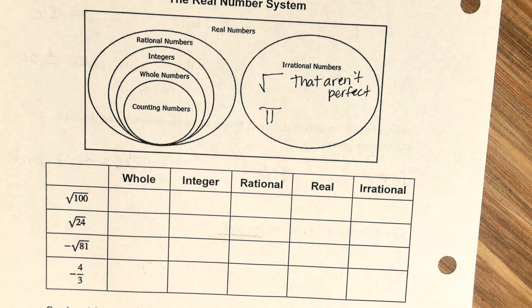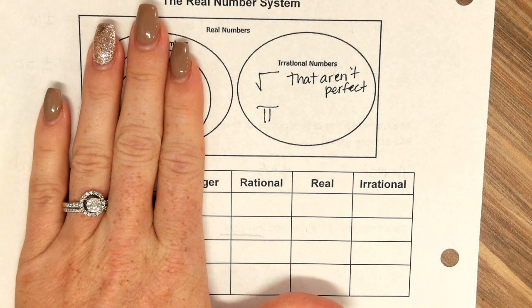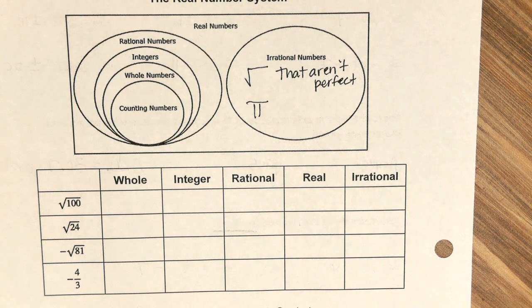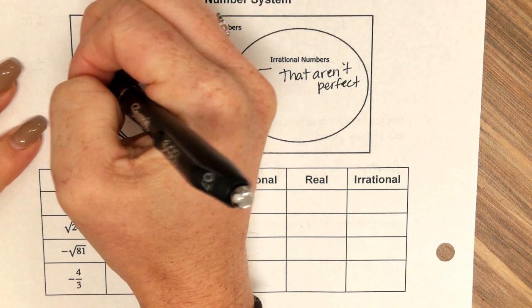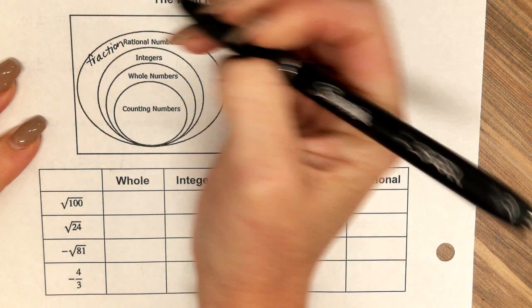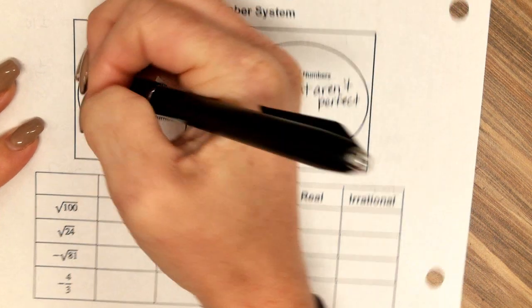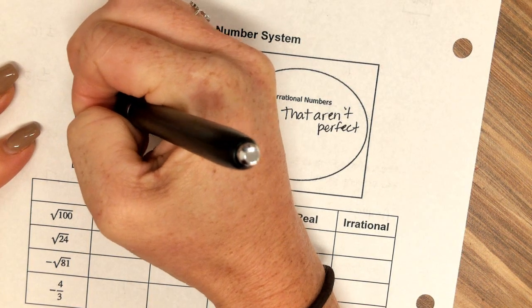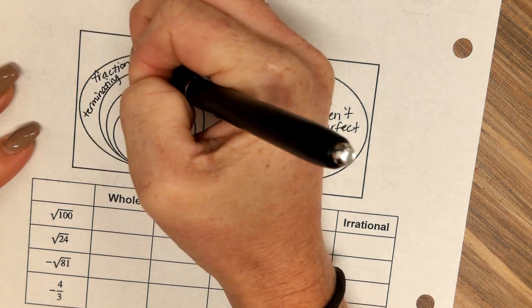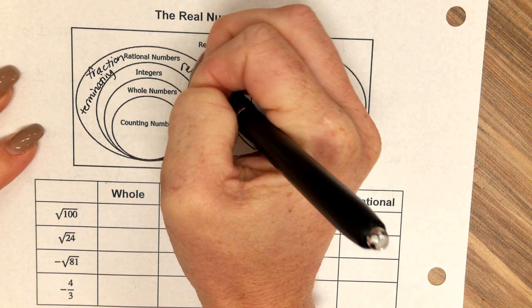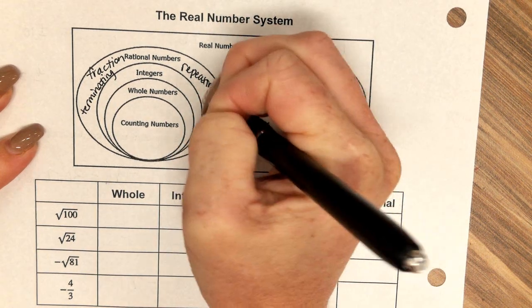All other numbers go over here in these circles. So what are rational numbers? They're numbers that can be turned into fractions. So these are your fractions and your terminating and repeating decimals.